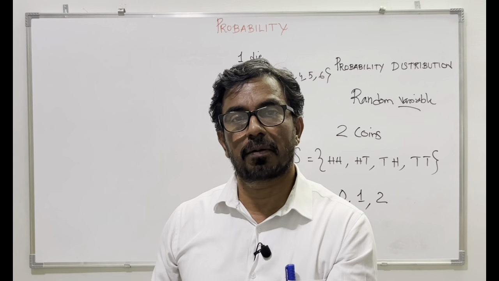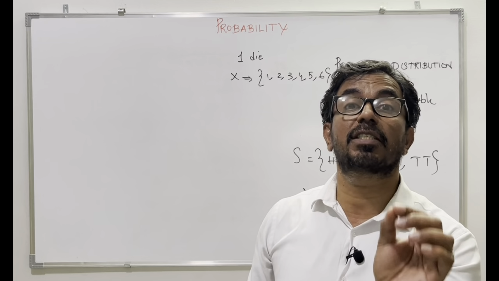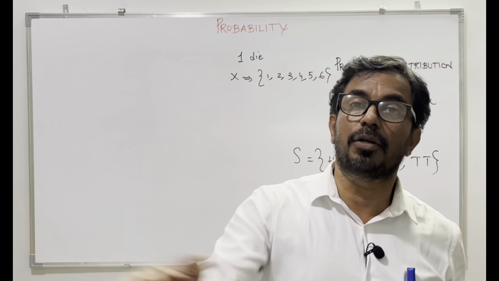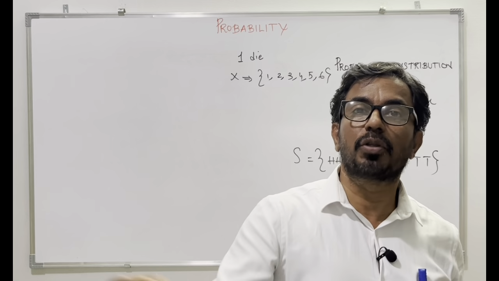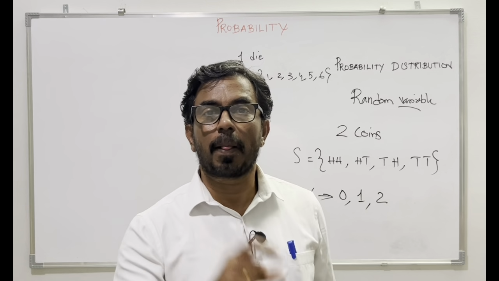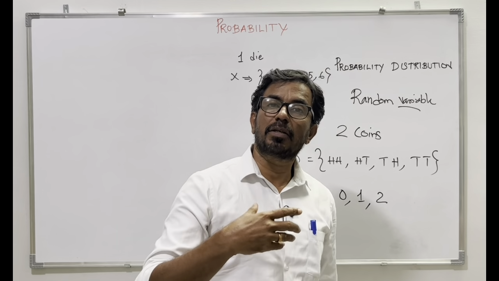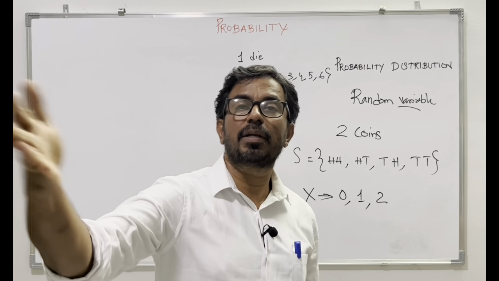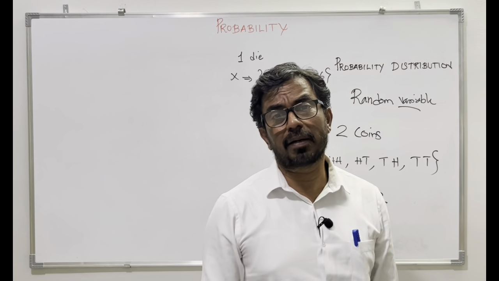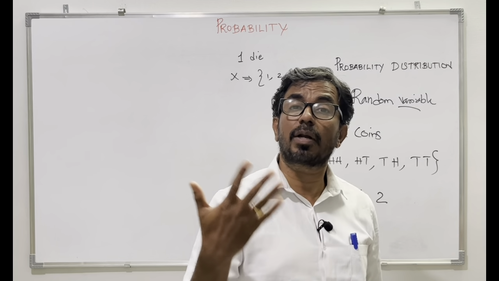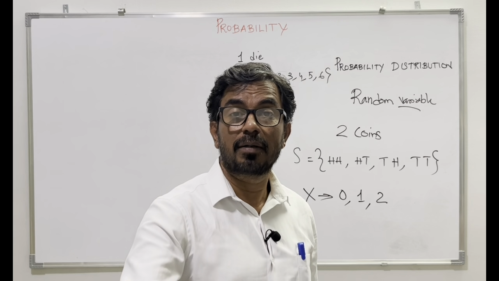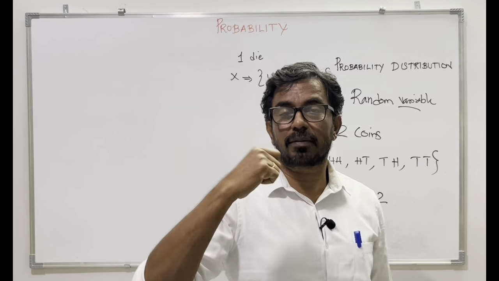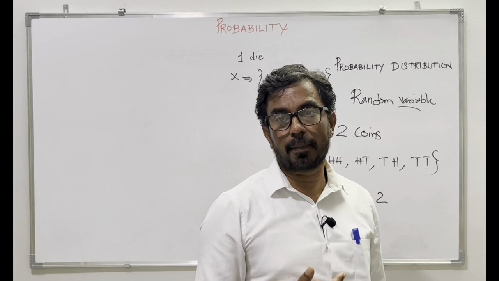We cannot say that. After 160 it can be 160.1, 160.12, 160.123. If you are very specific about the measurement, we can get any number in between. There are so many real numbers, so you have so many values. It's not that after 160 it is 161. Likewise, up to 180 centimeters, you have so many values. That is a continuous random variable.